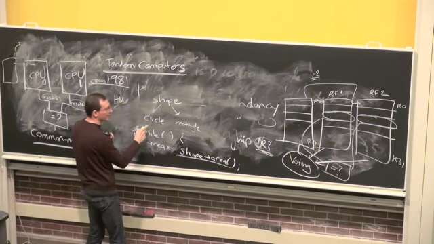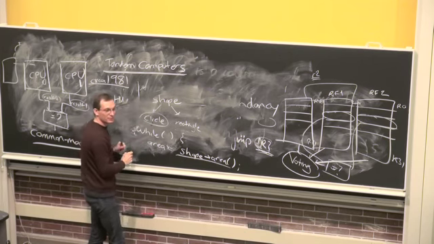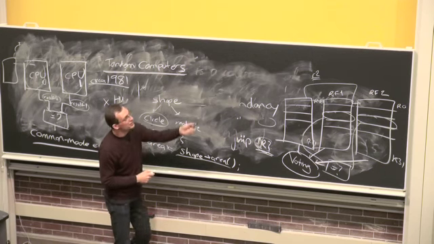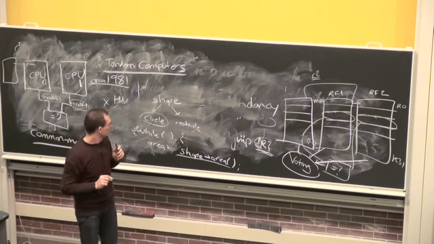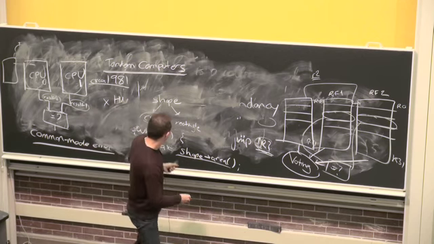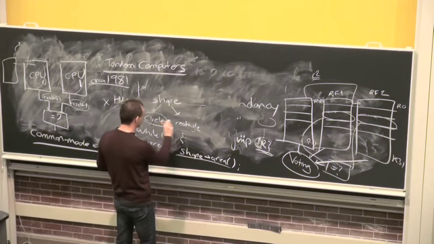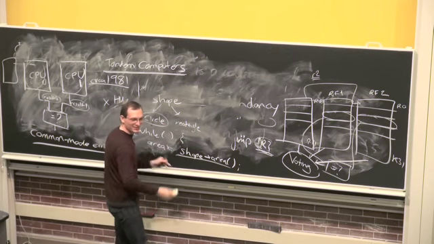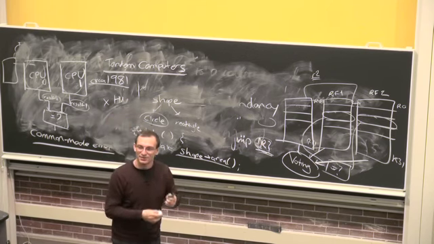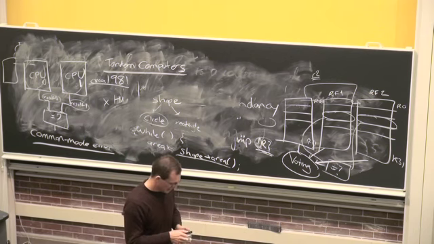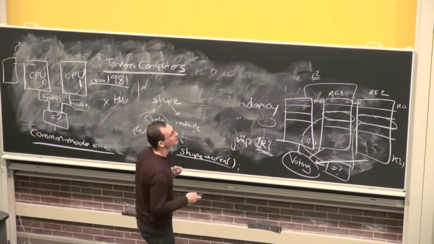If your input set has mostly circles or mostly rectangles, then this could work, the last time predictor. But if you're alternating between circles and rectangles in your input set, then you'll get 0% accuracy. So you're really at the mercy of your input set, if you will.